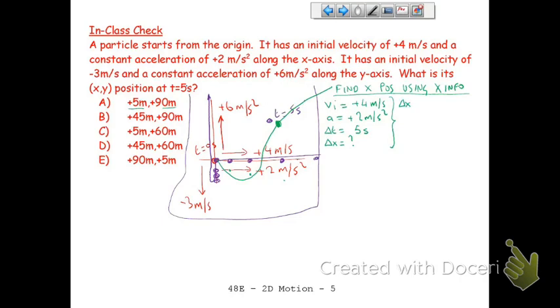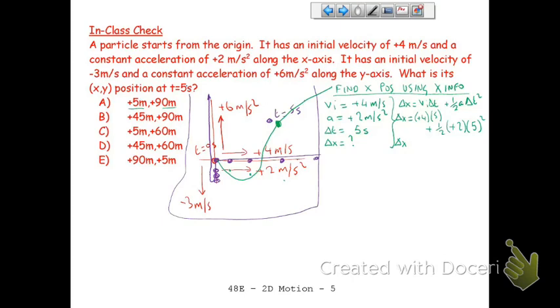Delta x is equal to VI delta t plus 1/2 a delta t squared. So delta x is going to equal VI, which is plus 4, times 5, plus 1/2 times plus 2 times 5 squared.